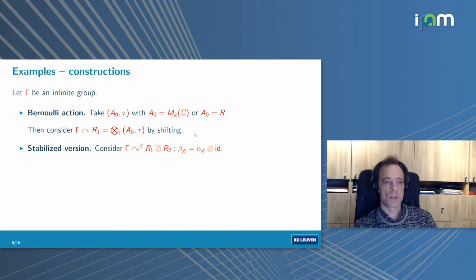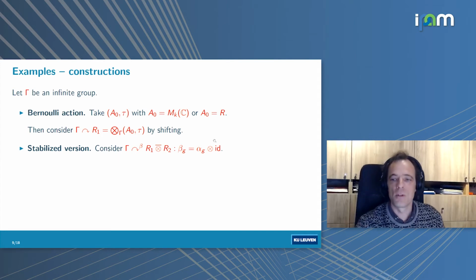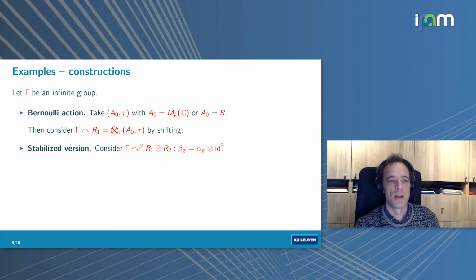So for instance, these two, from an ergodic theory point of view, behave quite differently because for this action, you have all the elements in R_2 on which the action is trivial. And here there is really nothing where the action is trivial except the scalars. The action is even mixing. So they are by no means conjugate, but yet they are cocycle conjugate if gamma is amenable, but there is no way to really see this cocycle conjugacy.